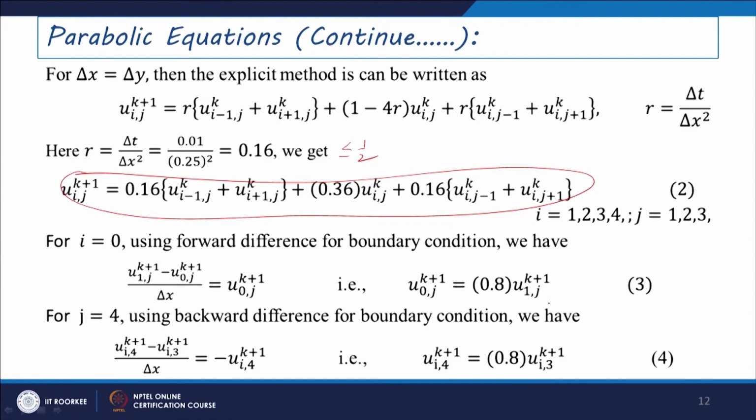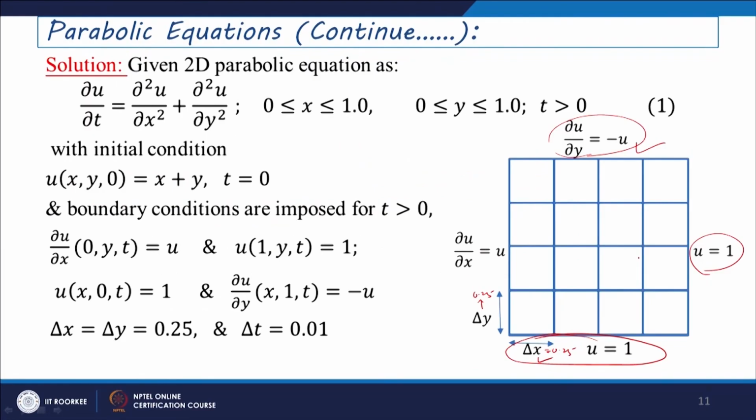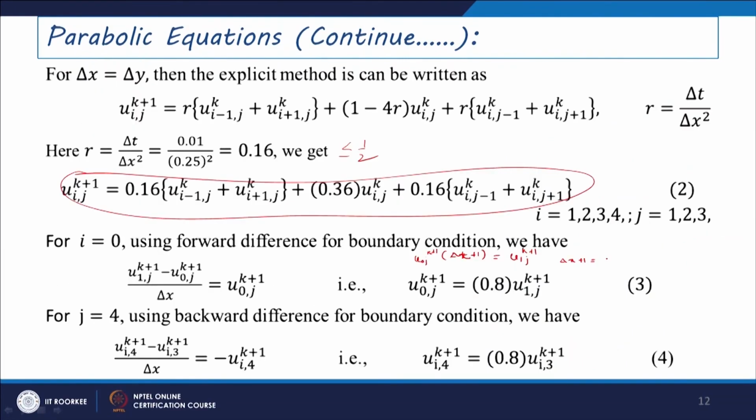If you see here, this equation is separated in the form, since del x is first multiplied here, we can write u0j^(k+1) times (del x plus 1) equals u1j^(k+1) here. So if we divide this by del x plus 1 here, where del x is defined as 0.25, so 1.25, so 1 by 1.25, that is nothing but 0.8 here.